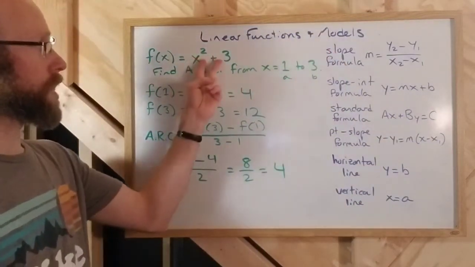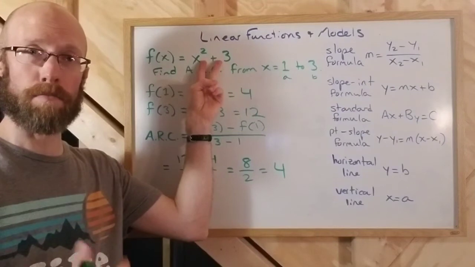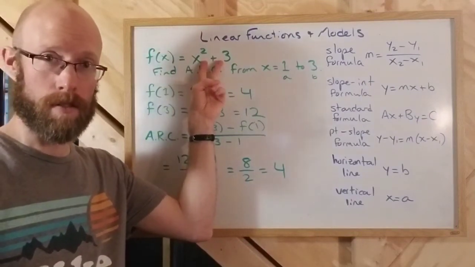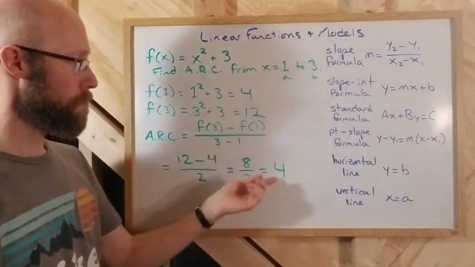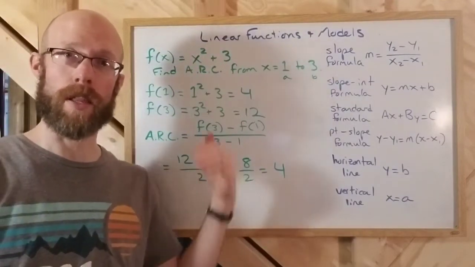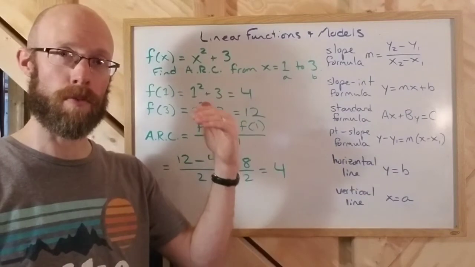Now, this is not a linear function. It's a parabola shifted up 3 units. But the average rate of change is linear. It's a slope from one point to the next.